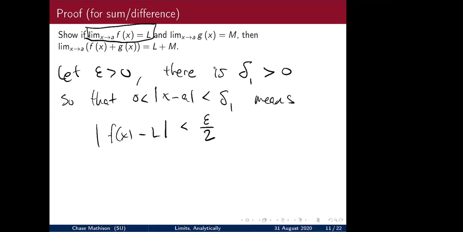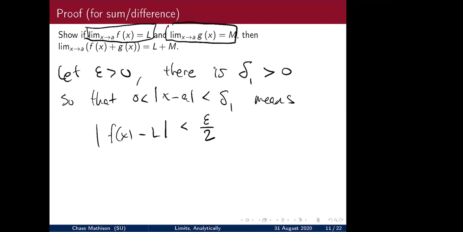Okay, so same way we can find, because the limit as x approaches a of g of x is m, I can do the exact same thing. It might be a different delta though. Does that make sense? g of x could be something totally different from f of x.